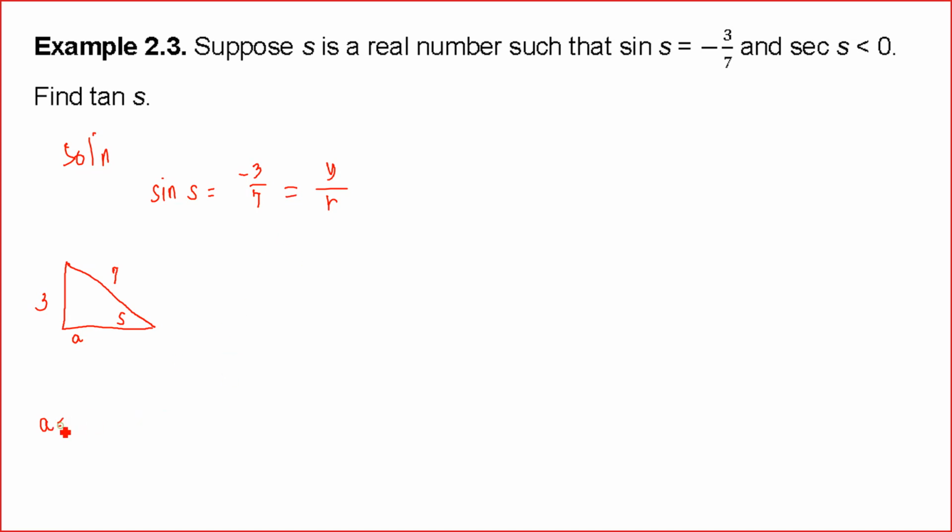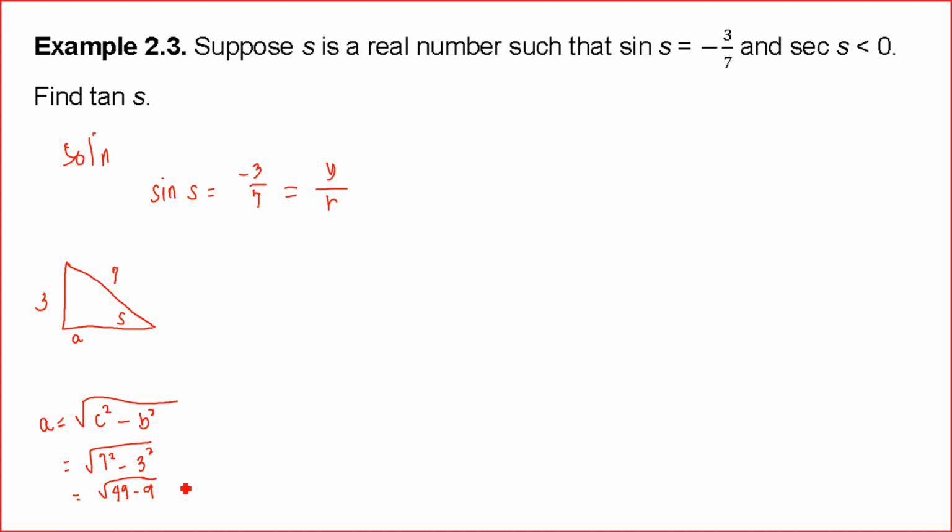That is equal to the square root of c squared minus b squared. So you have the square root of 7 squared minus 3 squared, which is the square root of 49 minus 9.